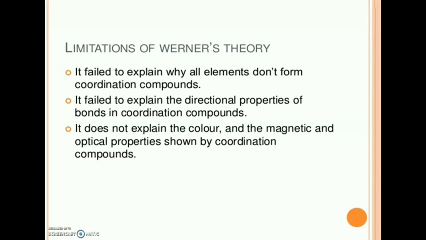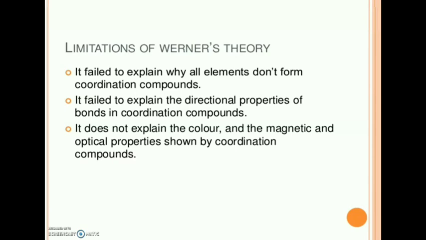The main limitations of Werner's theory are: it fails to explain why all elements don't form coordination compounds. And also it fails to explain the directional properties of bonds in coordination compounds. It does not explain the color.